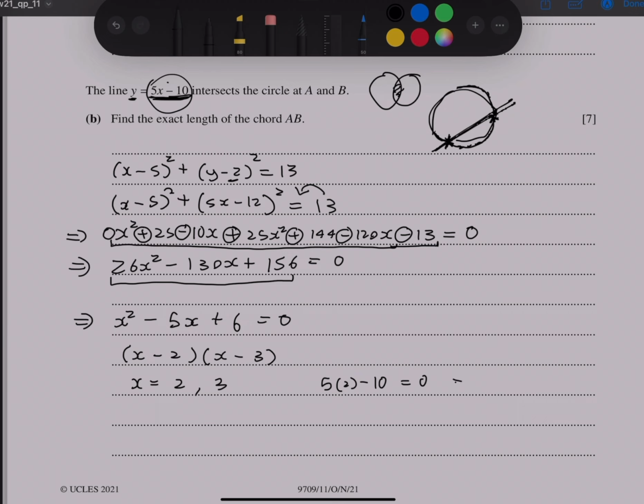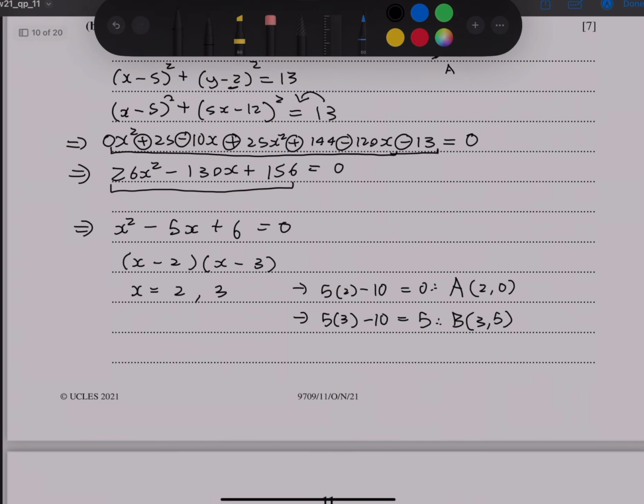So point A equals 2, 0. Next, 5 into 3 minus 10 is equal to 5. So point B equals 3, 5. Now we know point A, we know point B. We can find the length of the line segment.